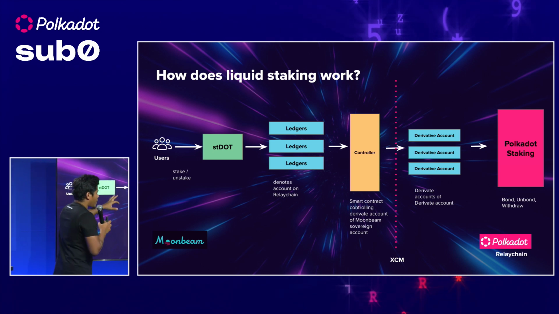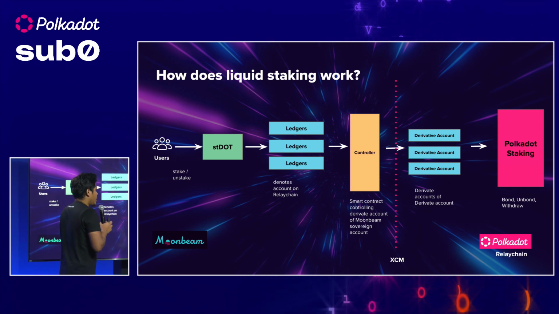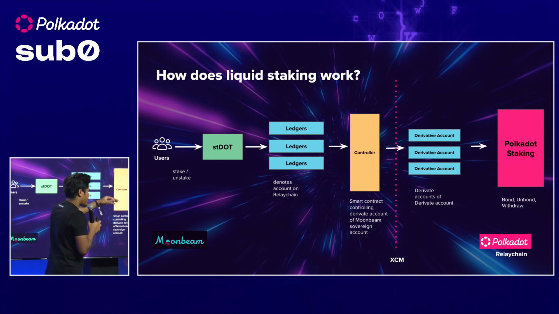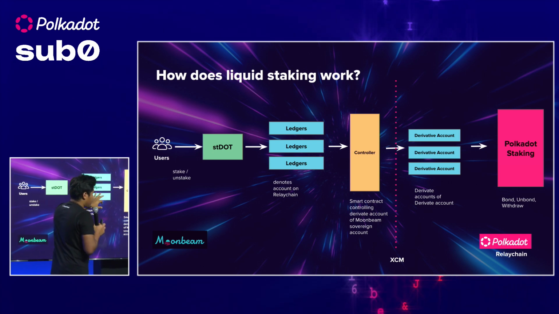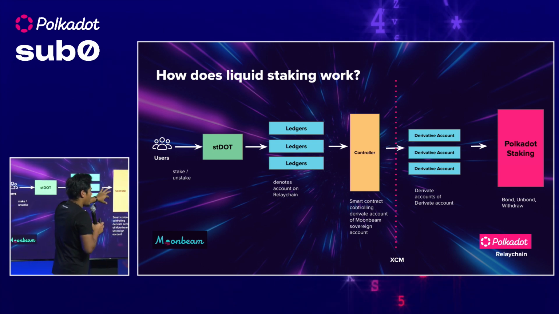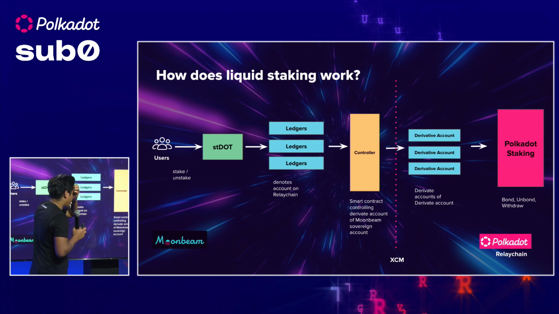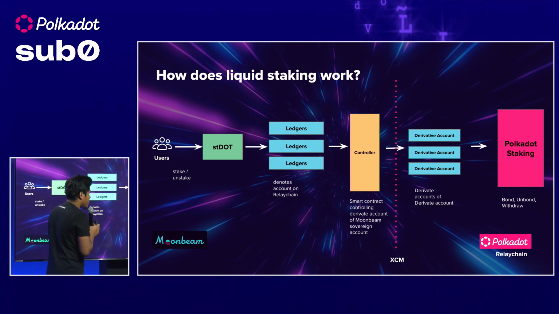So, going back to this ledger system, right? Since we're on Moonbeam, Moonbeam has its own sovereign account on Polkadot, and the controller account is basically a child account of the Moonbeam sovereign account, right?